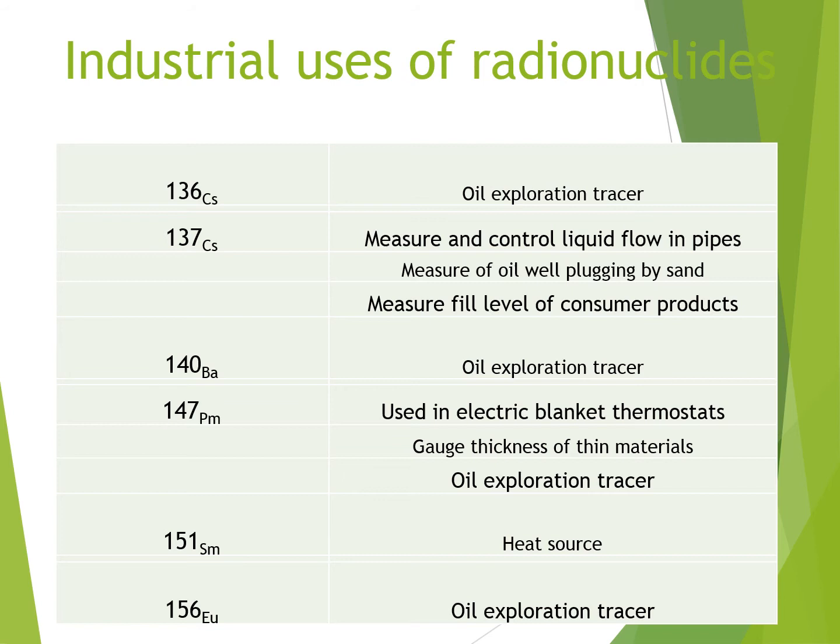Then we have CS136 and CS137 isotope, and CS136 is also used as an oil exploration tracer, while CS137 is used to measure and control the liquid flow in pipes, and it is also used to measure the oil well plugging by sand, like different pipes clogged, or they become filled with sand due to the sand particles present in oil.